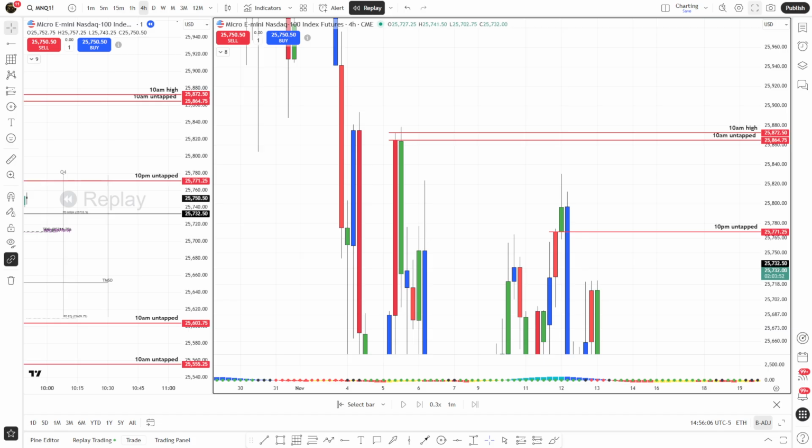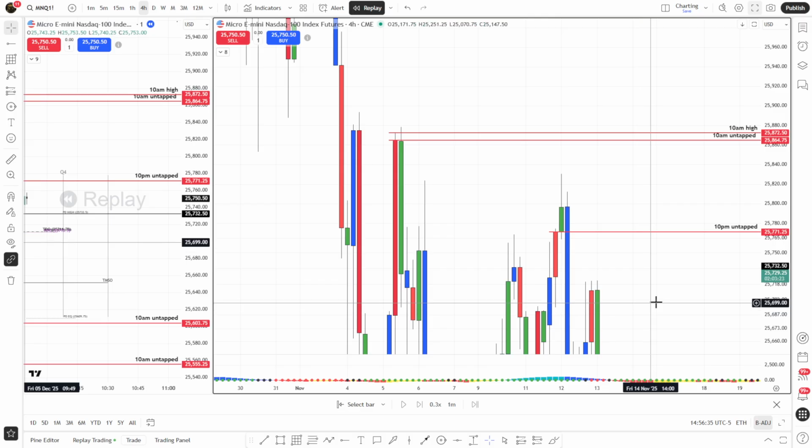All right. So before we get started, this level down here was tapped by the 10 p.m. candle, all right, and rejected. So we had this 10 p.m. high, this 10 p.m. open, 10 p.m. candle came up into this level and rejected it.